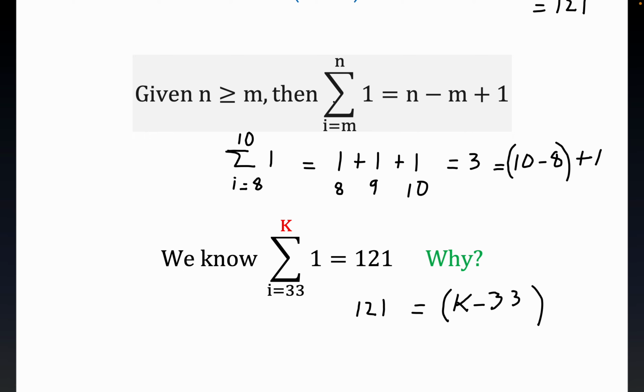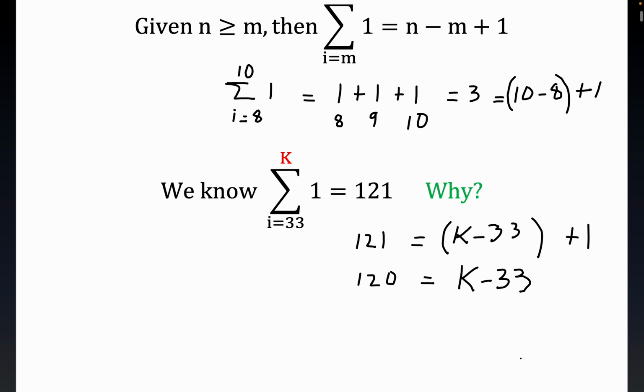Okay, and that's from this result right up here. Now, however you want to do your arithmetic, that's equivalent to 120 is equal to k minus 33, which certainly implies that k has to be 153, the natural number 153. Okay, so again, the final answer here would be 153 equals k.